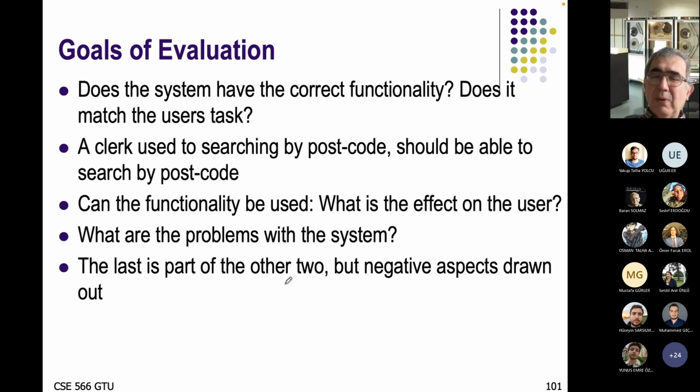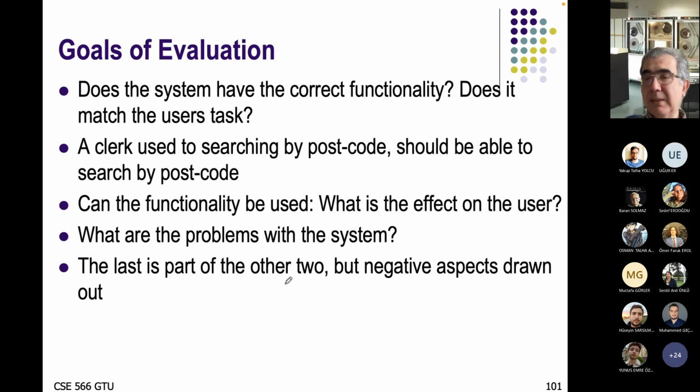So once we try to evaluate, first thing we should have in mind is whether the system has correct functionality, or whether the functions are correct or not. Then usability comes up as a second measure, such as a clerk searching the postcode should be able to search postcode or address in the application.